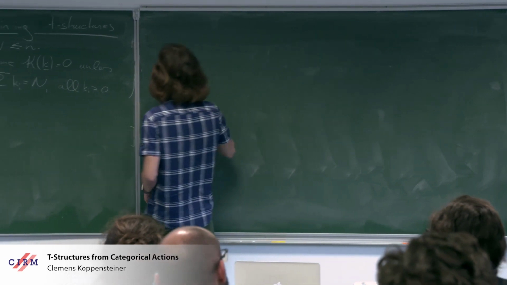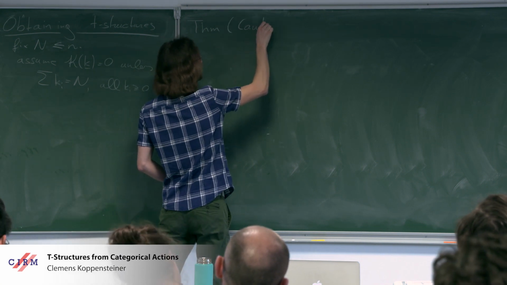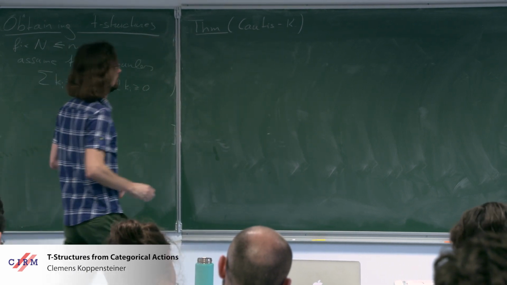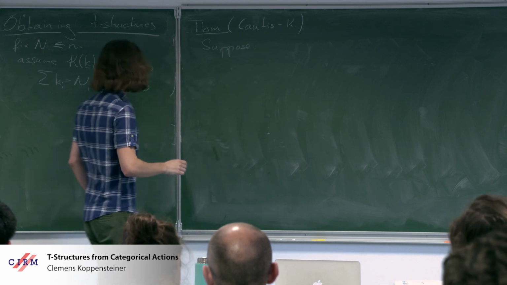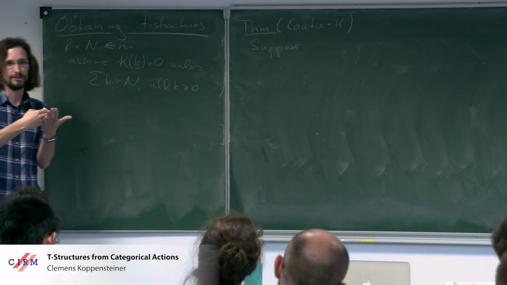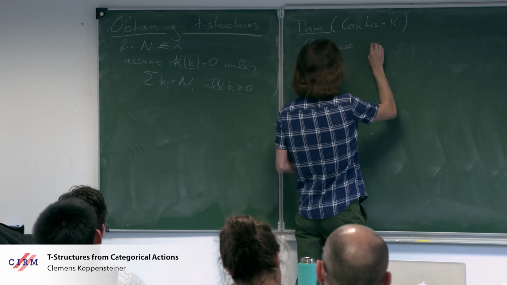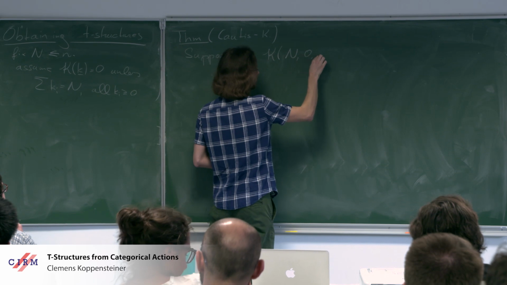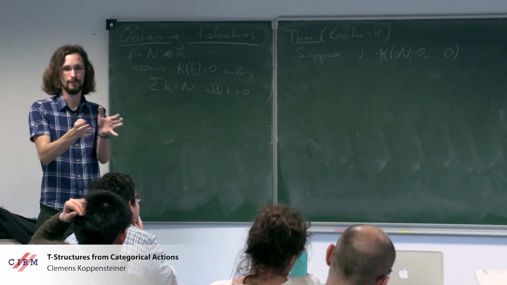So let me give you a theorem. Suppose, so in that example that I gave you, you saw that the highest weight category, so the category K, N, and then a bunch of zeros, these were always much easier to deal with than the more central category.